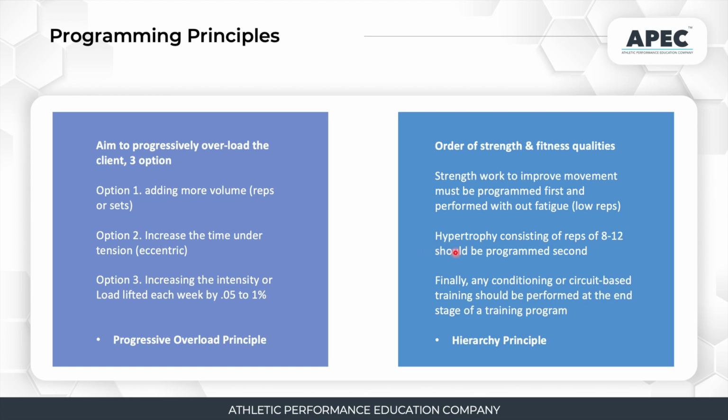Okay, so in the assistant and accessory work, if hypertrophy is the second goal, that's where we need to achieve hypertrophy. And then finally, any conditioning work, such as circuit-based training, should be performed at the very end of the program. And this is the hierarchy principle, the strength and fitness quality hierarchy principle.